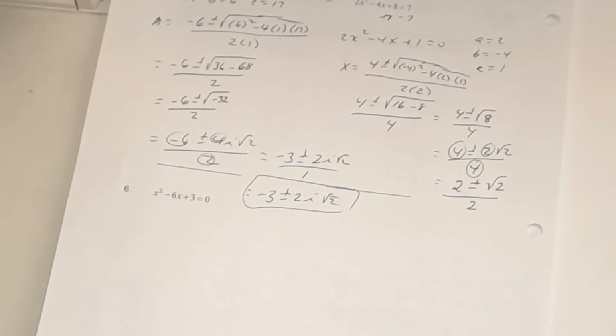Okay, here it is. This is the key to what we just did. All right, so we did not do number 2, but the answer's there. And we did not do number 6, but the answer's there. Okay?